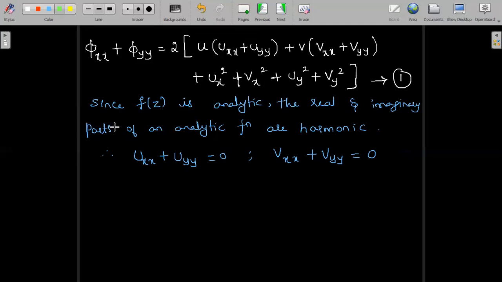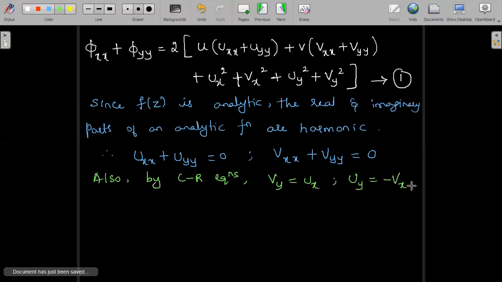This is one of the concepts we want to use. Also, we can use CR equations. So we know that ux is equal to vy and we also know that vx is equal to minus uy. We are able to use CR equations because given f of z is analytic.